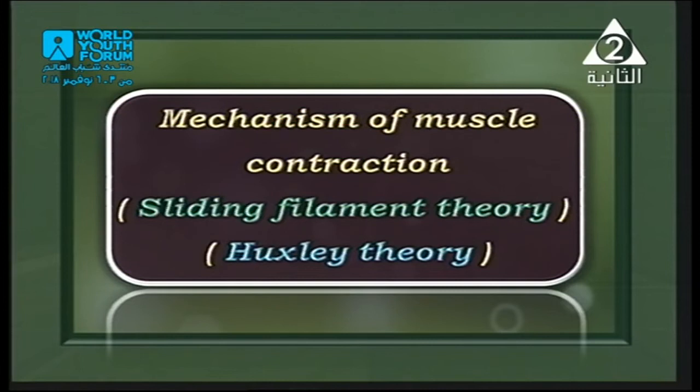This is the mechanism of muscle contraction, the sliding filament theory or Huxley theory. Huxley is the name of the scientist. It's very important also, and we need to learn more about it.